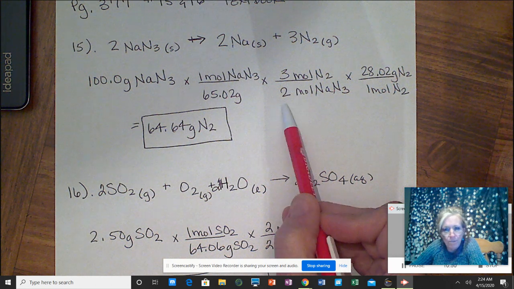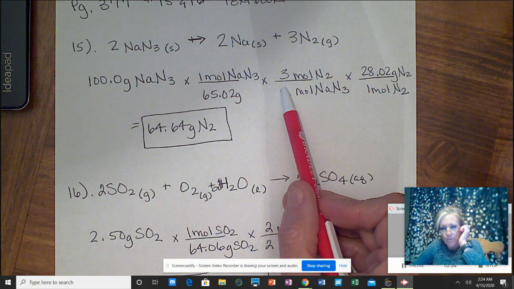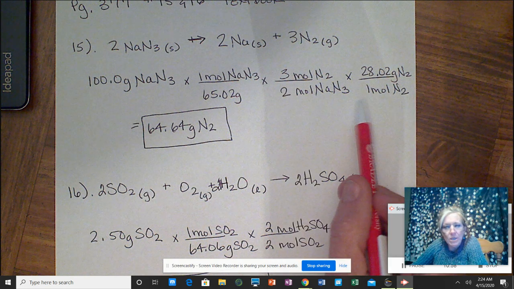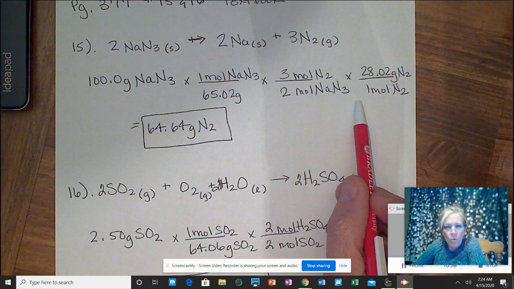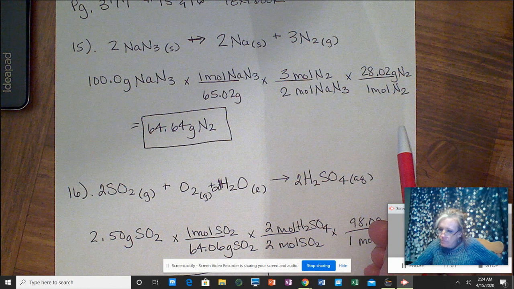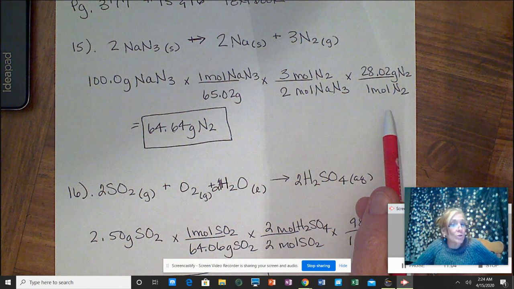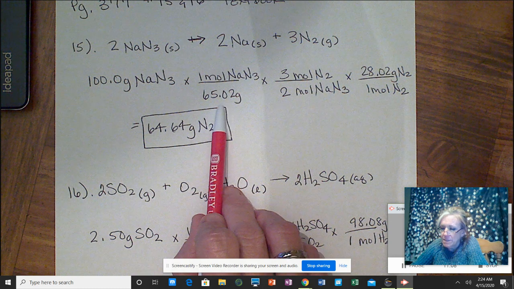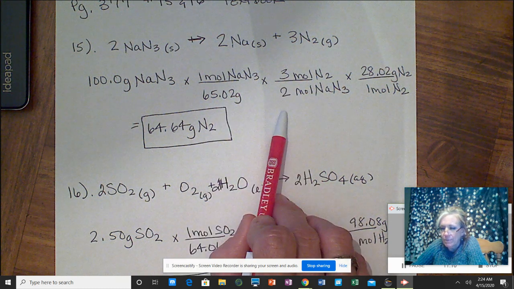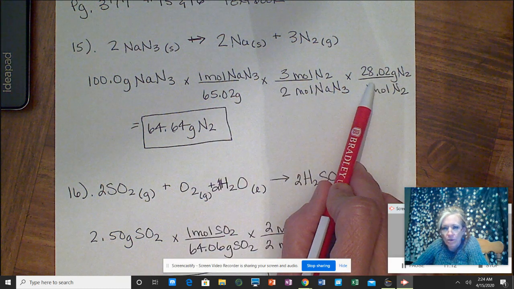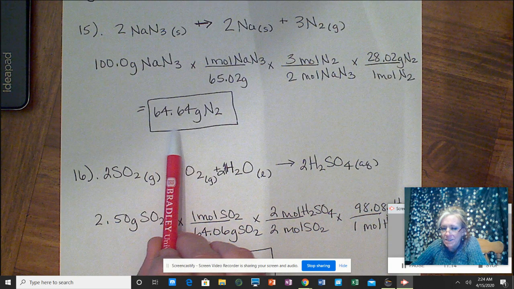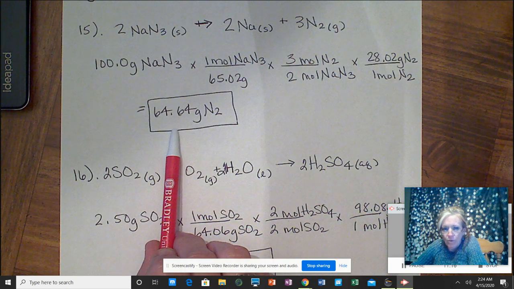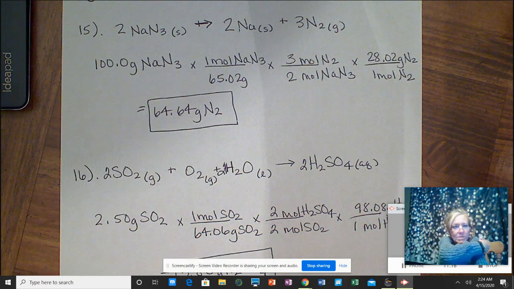So we have a 2 on the bottom with our NaN3 and a 3 on top with our nitrogen. And we change it to what we're looking for, which is grams of N2. All right? Do the math. 100 divided by 65.02 times 3 divided by 2 times 28.02. We end up with 64.64 grams of N2, rounding that to 4 significant figures.